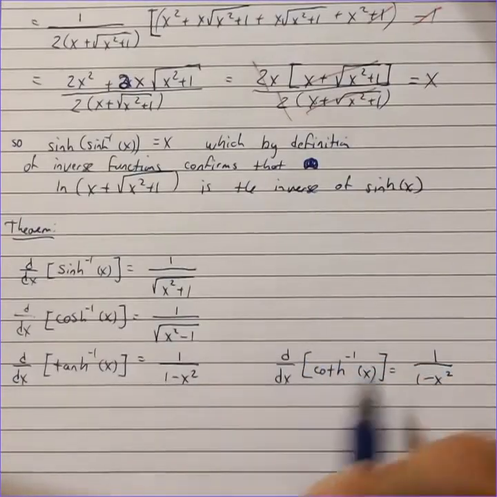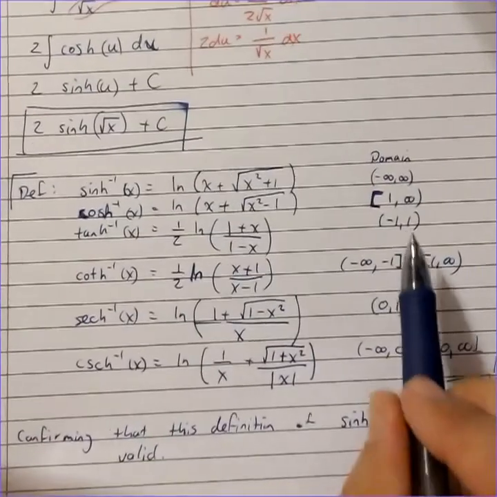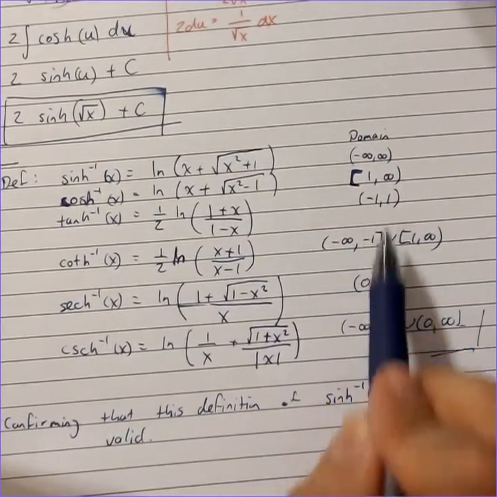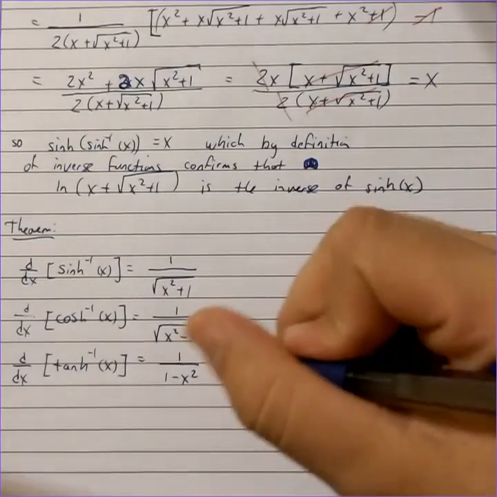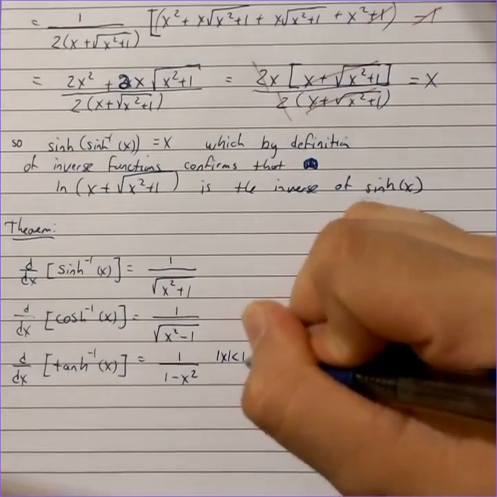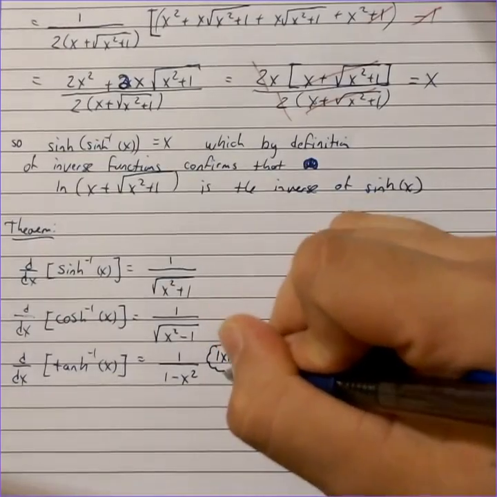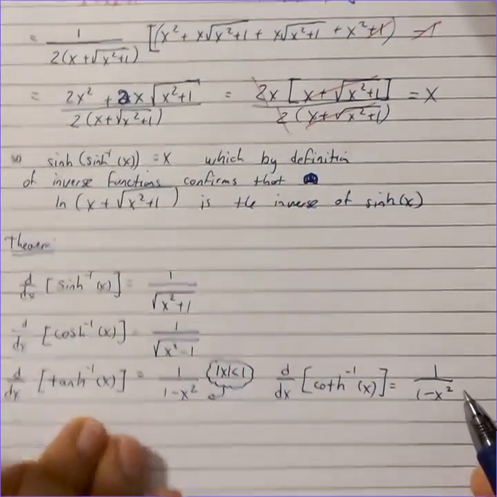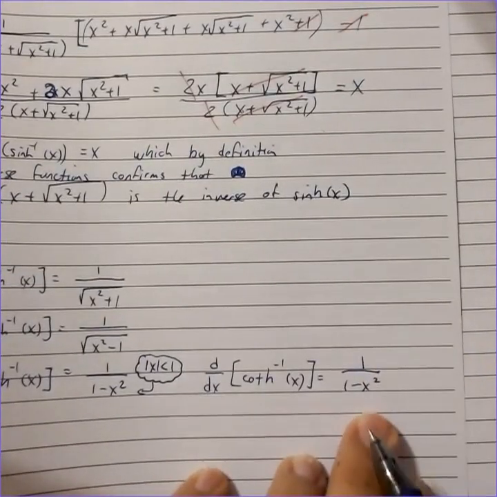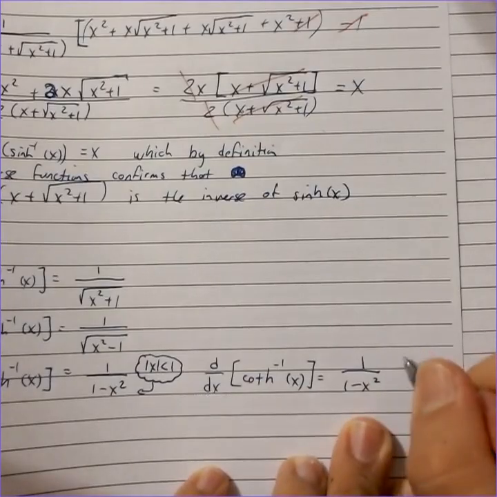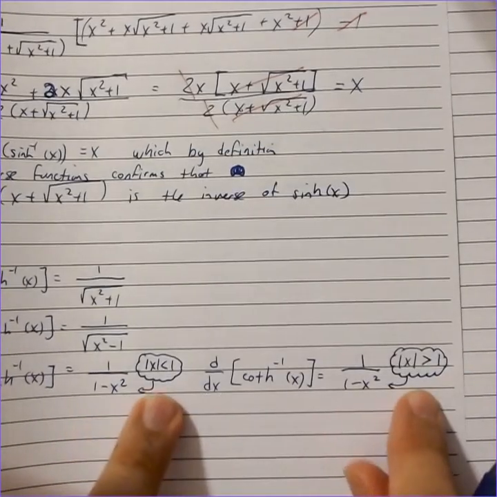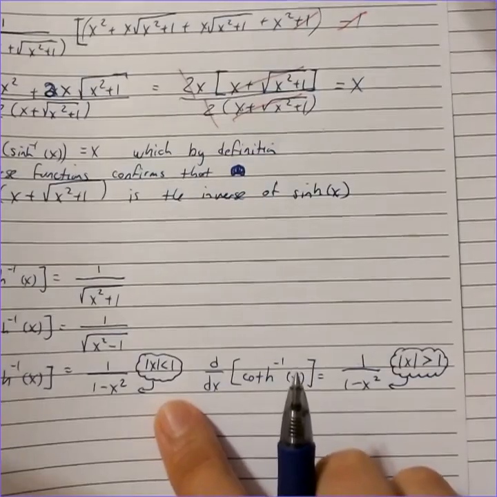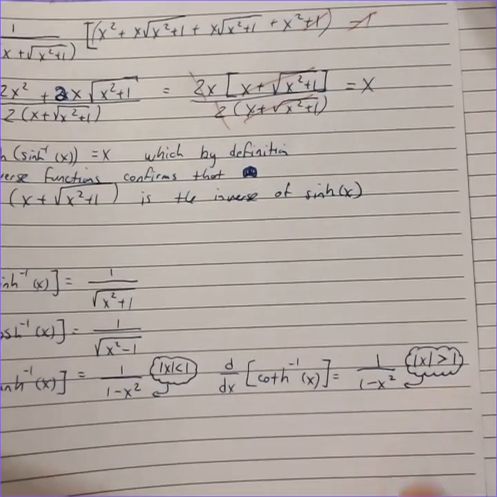Even though the expressions work out to be the same, this one is only valid when the absolute value of x is less than 1, whereas this one is only valid when the absolute value of x is greater than 1. I shouldn't say equal to 1, because if it's equal to 1, that's undefined. So that's the difference: the expressions look the same, but they are valid at different times.